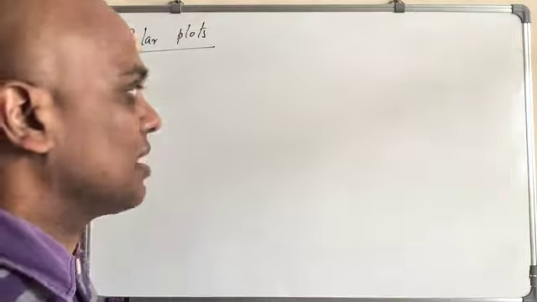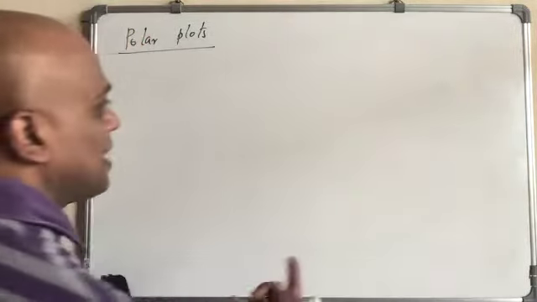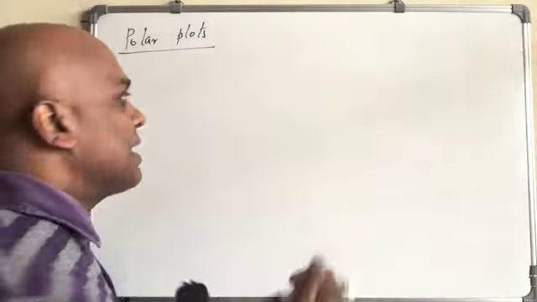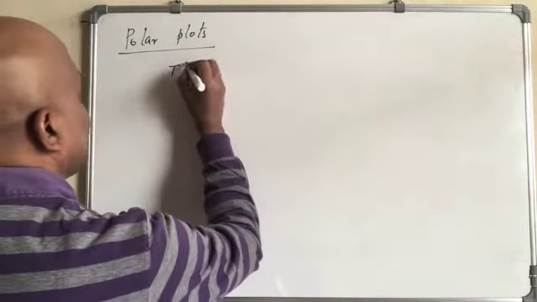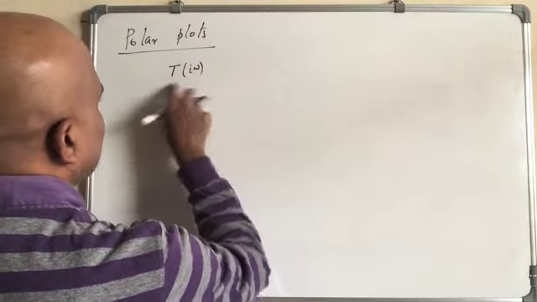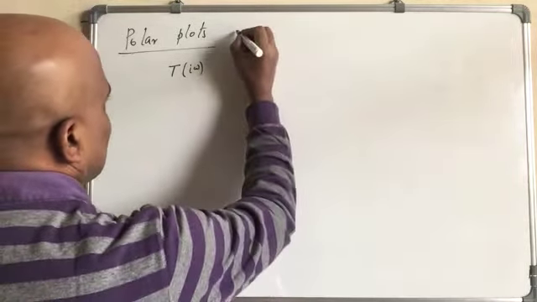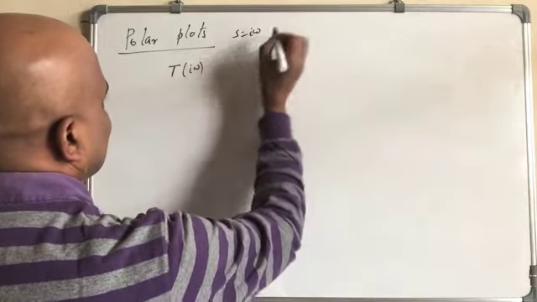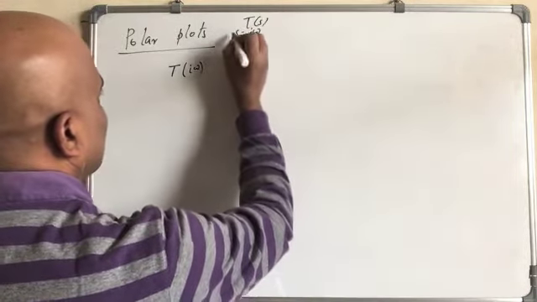That's the main idea. So how do you do that? So we have a transfer function, let us say T(iω).